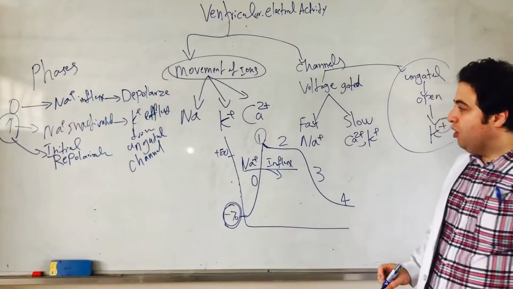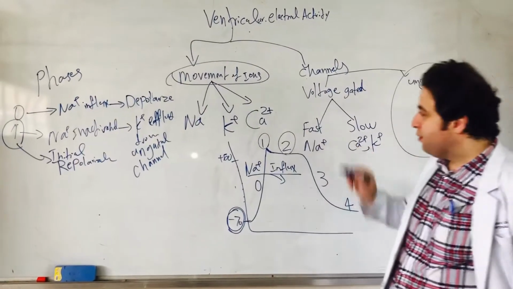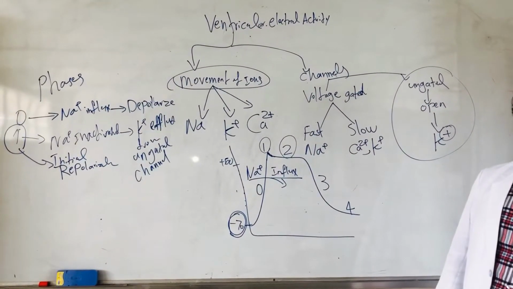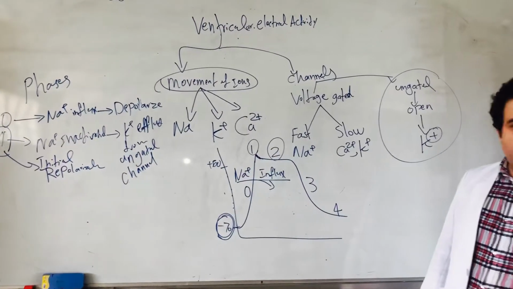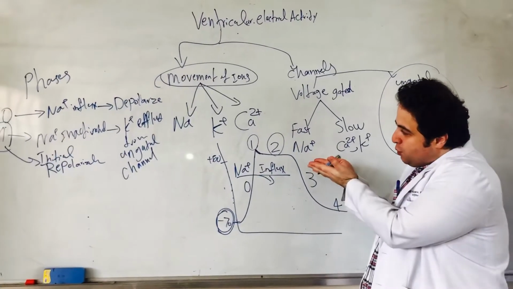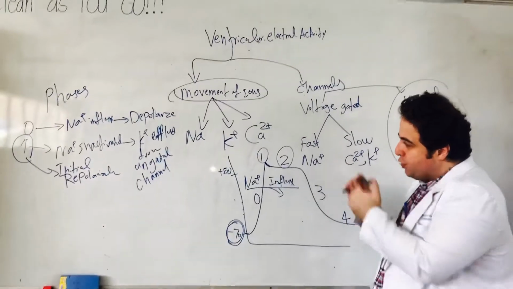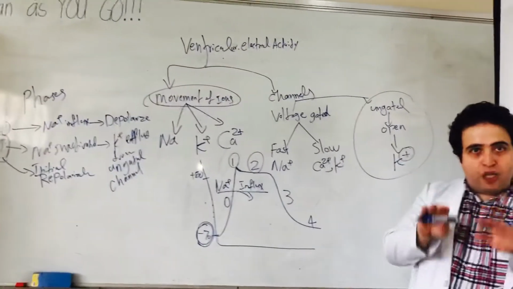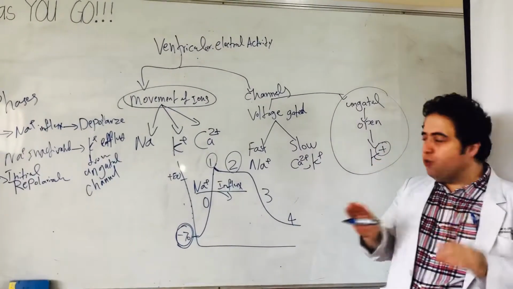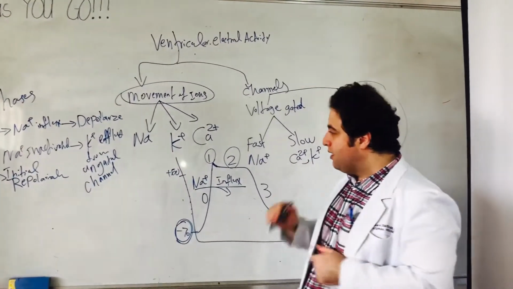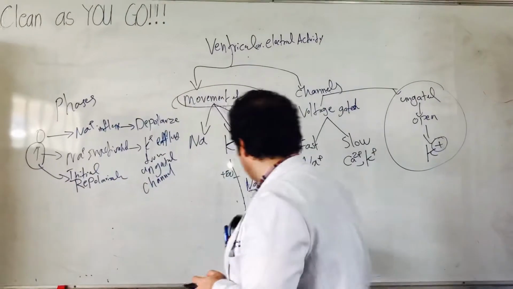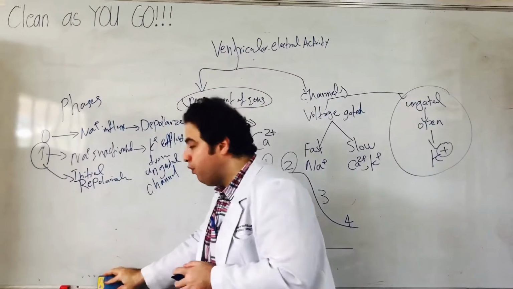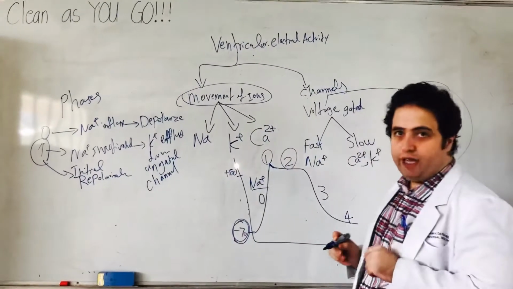Okay. What happened in the phase 2? Phase 2 is known as plateau phase. What does it mean? As I am seeing in what I drew here in the phase 2, I am seeing the straight line. It's not going down or up. So what happened in phase 2 is, at the cellular level, two ions will influx and efflux at the same time.